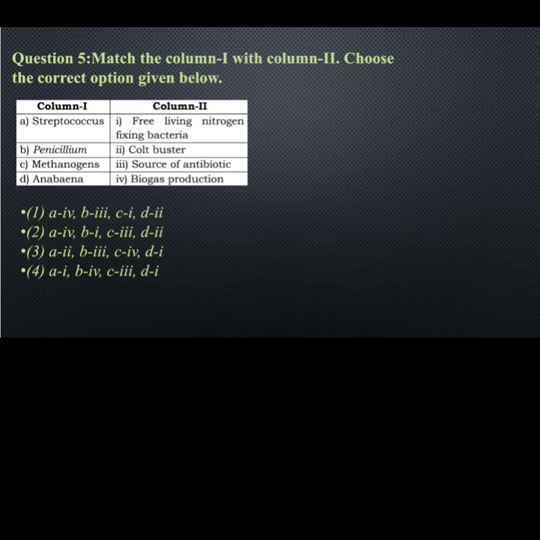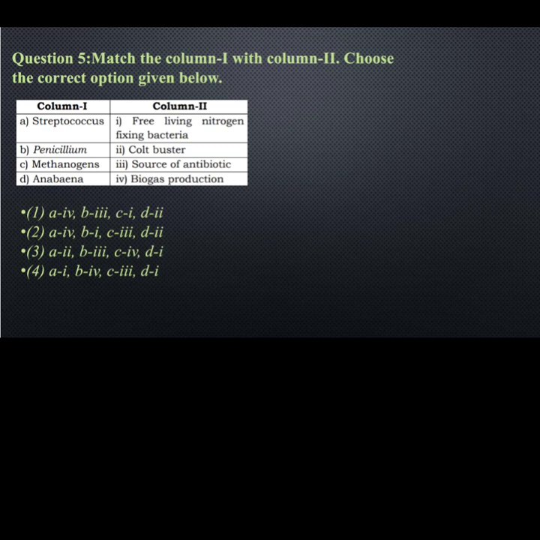Streptococcus is used as a clot buster in medicine. So the first one will match with the second option of the second column. Penicillium is a fungus. It is a source of the antibiotic penicillin.